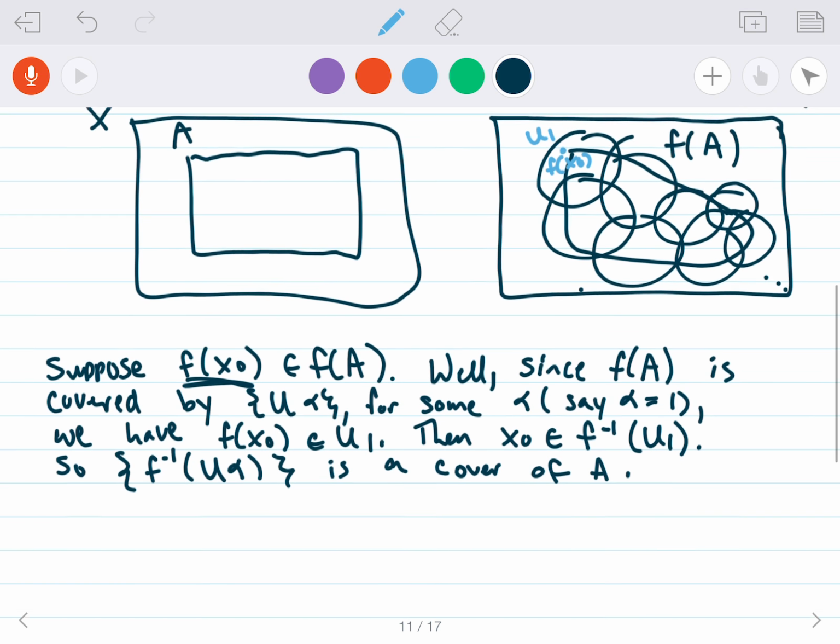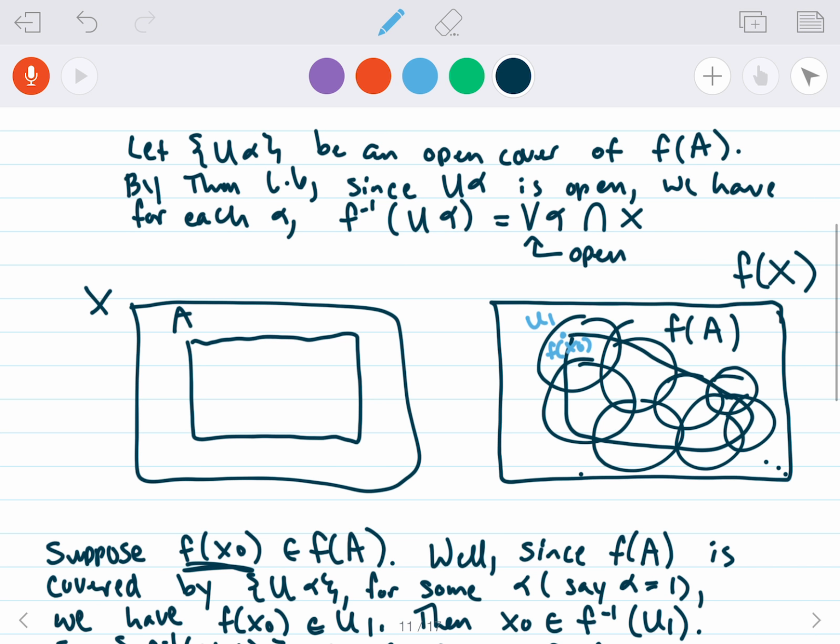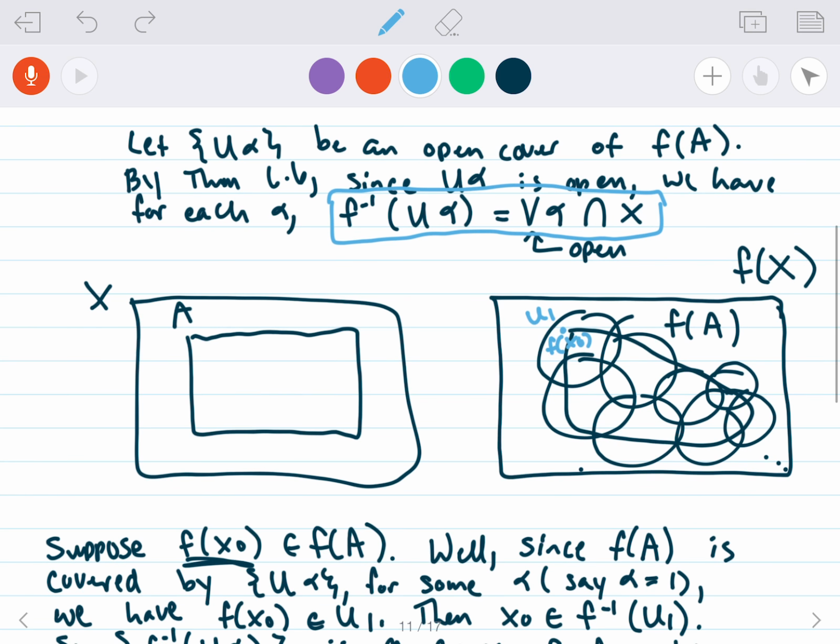Okay? And notice, what are we noticing here? We have that the pre-image of each of the U alphas is going to be an open set intersect X. And so the collection of the pre-images of the U alphas is going to be contained in the collection of the V alphas, right?